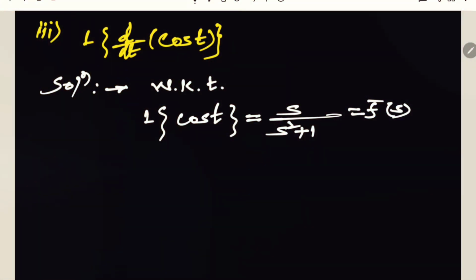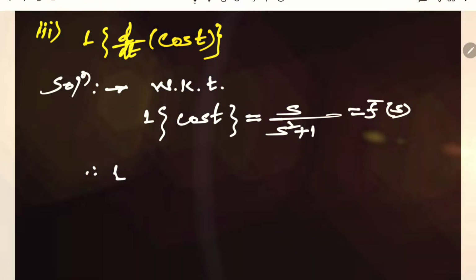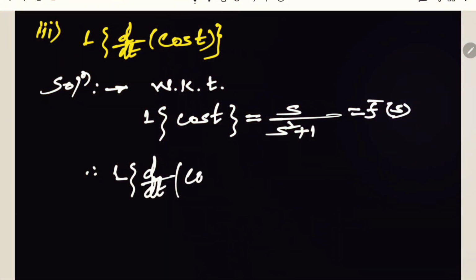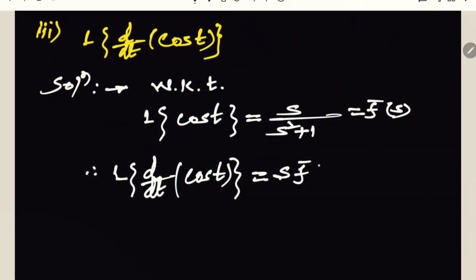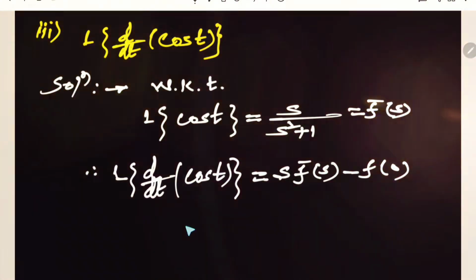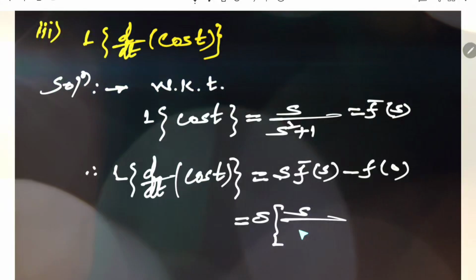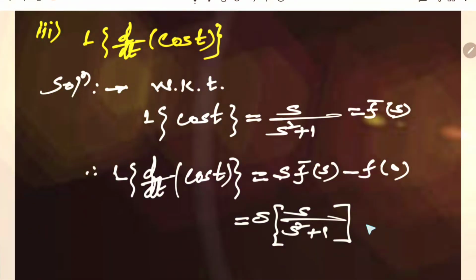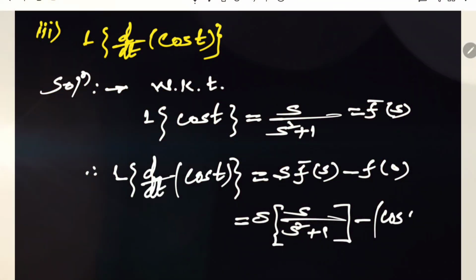Then applying that theorem, Laplace of d by dt of cos t, as per that theorem, is s f bar of s minus f of 0, meaning the value of the function at t equals 0, and therefore it is s multiplied by s upon s square plus 1 minus value of cos t at t equals 0.